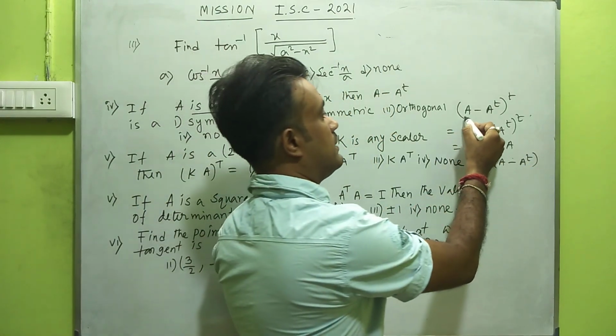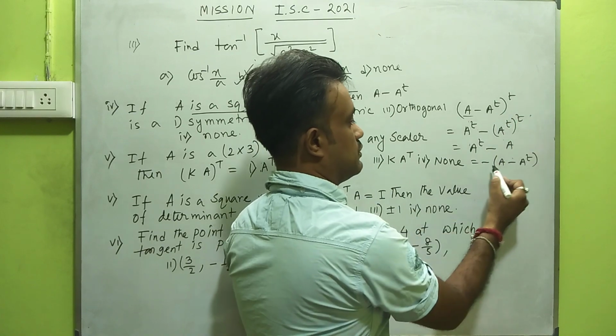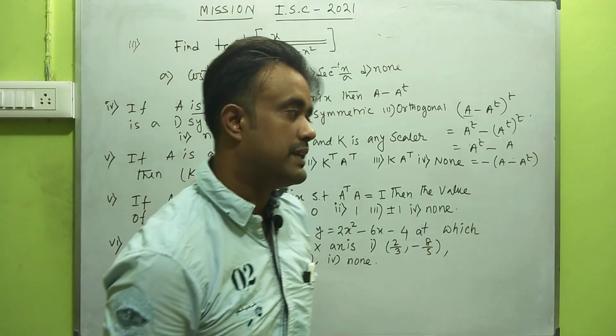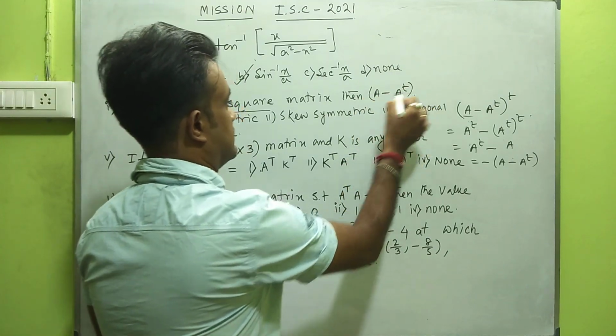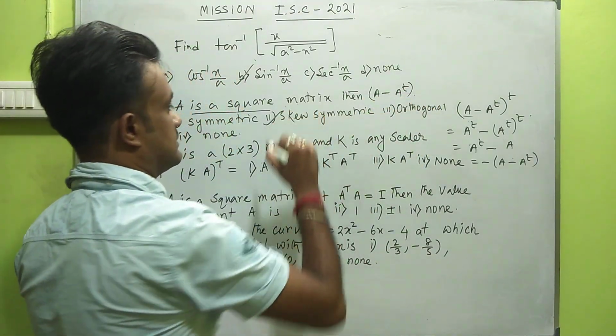So if A minus A transpose is equal to minus of A minus A transpose, then this matrix is a skew symmetric matrix. Okay.